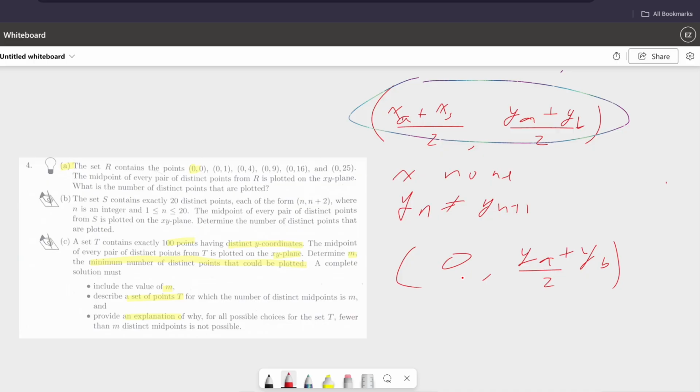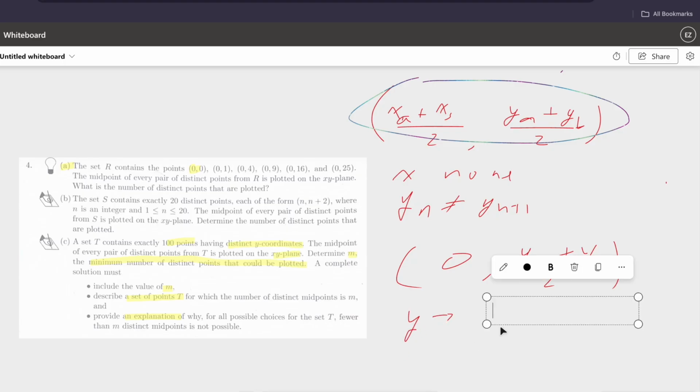To maximize the number of overlapped points, we need to let y be equally spaced, concentrated, and continuous.